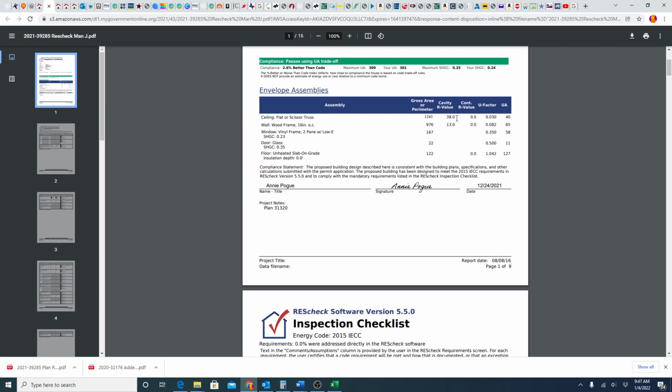So as we touched on in the previous video, the common insulation value for a batt and blow house will be R38 in the ceiling and R13 in the walls. Now if you have a foam insulated house, and I'll try and find an example of this, you'll have what's called a cathedralized ceiling or slope ceiling, and your maximum R value in general would be around 26.